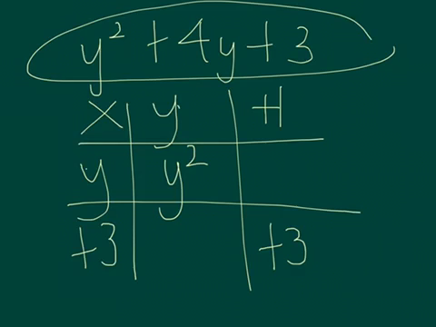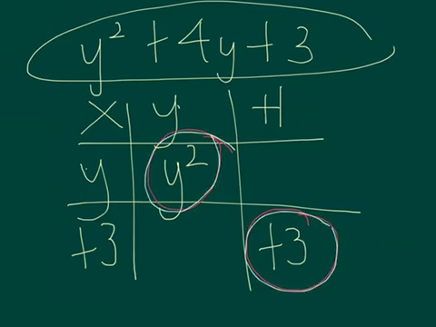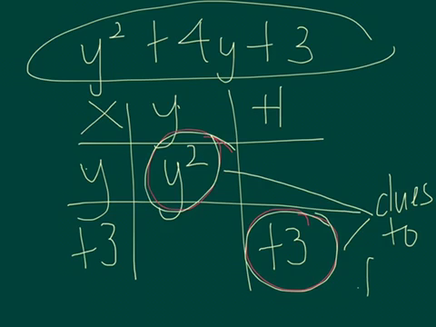Okay? So these two particular boxes are very, very important. These two boxes are what you start with. These two, which I just marked in yellow, are the first two boxes you fill up because they give you clues to the factors. Now these two are to check what should I fill up in this box.